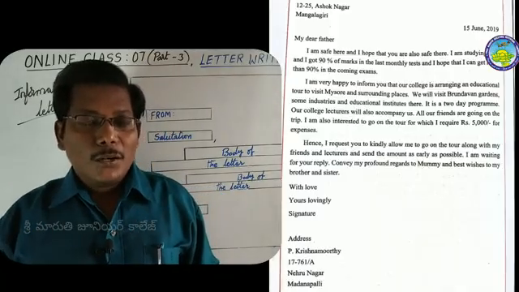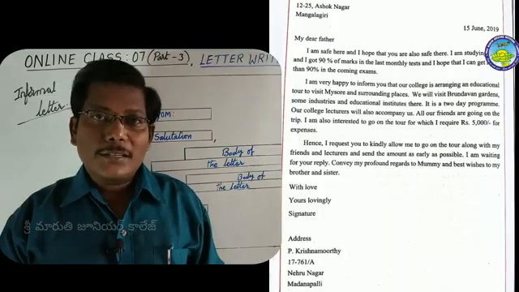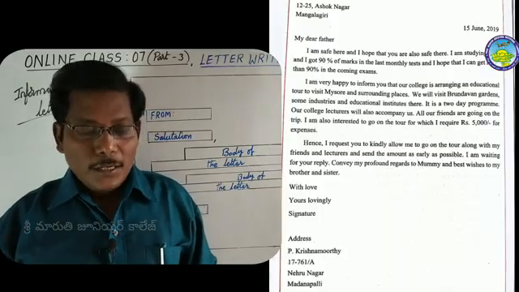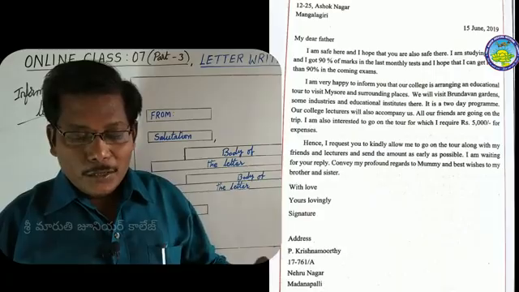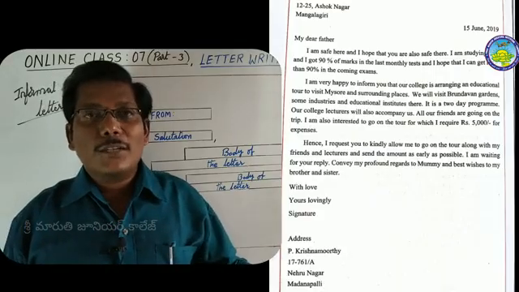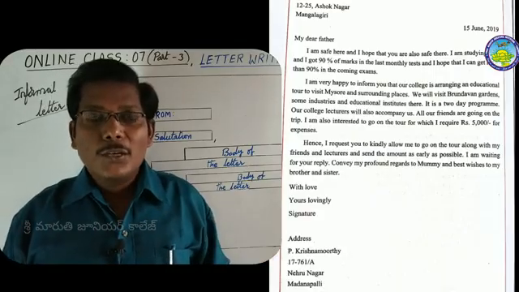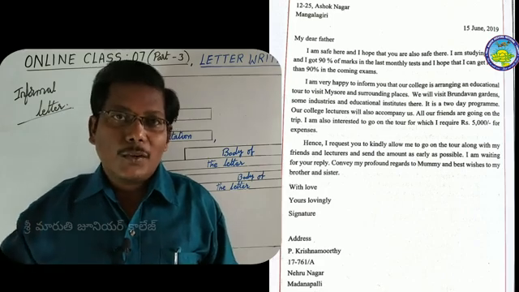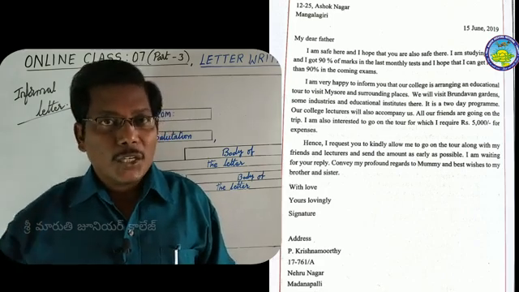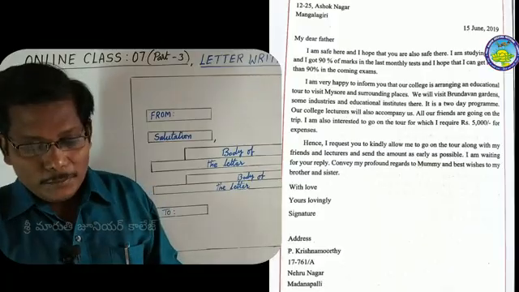Now you need to write a letter to your father because your college mates and your friends are going on an educational tour. You need to write a letter to your father requesting his permission. So that is the meaning of the letter.